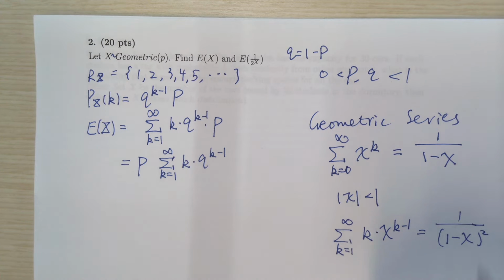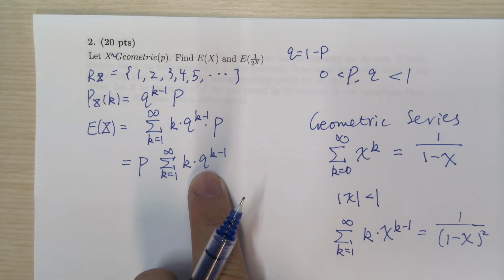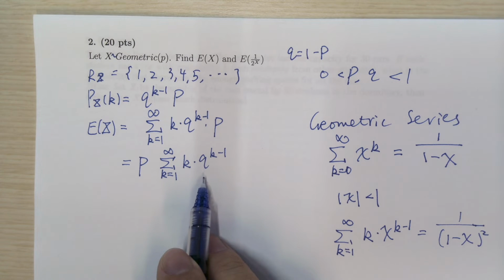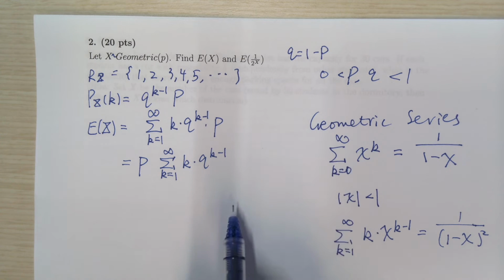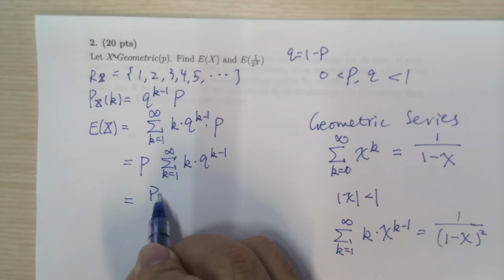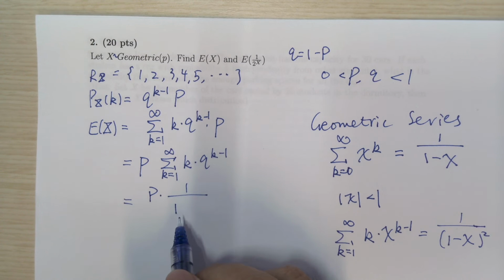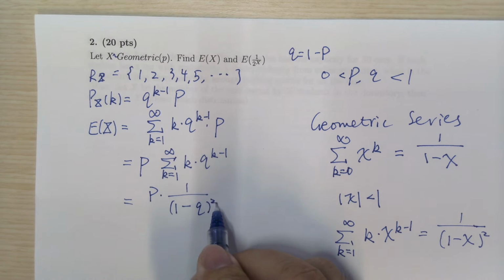So now, if you do a comparison with this part and this piece, don't you agree that since q is between 0 and 1, it's going to act the same role as x here? So this is p times 1 over (1 minus q) squared.